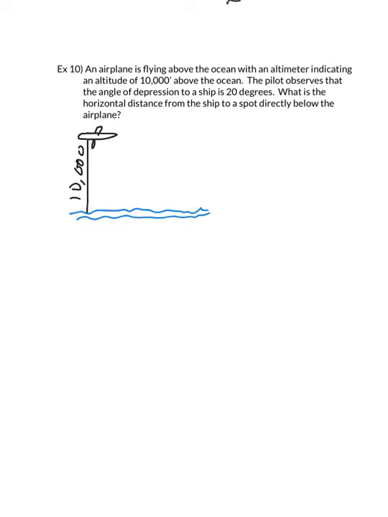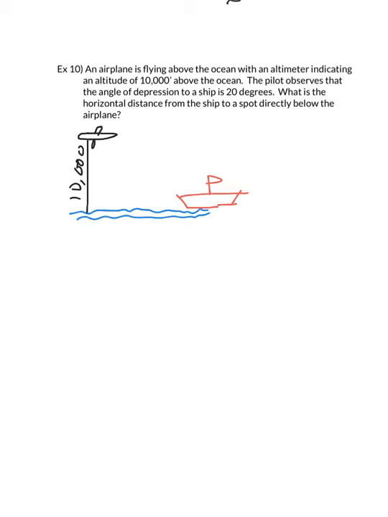We are told that the angle of depression to a ship, so we need a ship out here. So out here we have our ship floating in the ocean. There's my boat. And we are told that the angle of depression to this boat is 20 degrees.